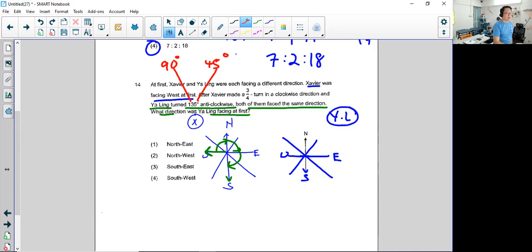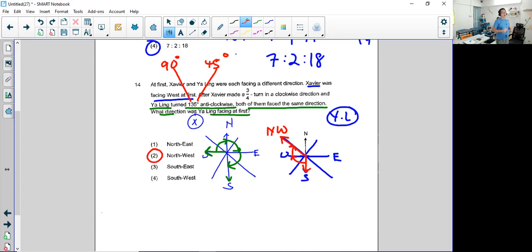And when you work backwards, the anti-clockwise will become clockwise. So you turn clockwise 90 plus another 45. So what direction was Yaling facing at first? That must be the northwest. So Yaling must be facing northwest at first. So answer number 2. Question 14, answer number 2.